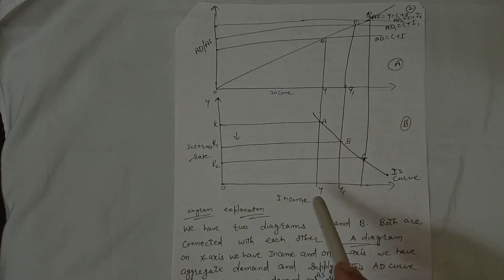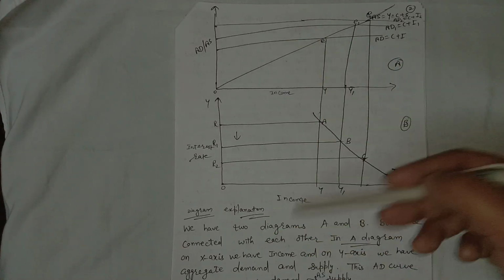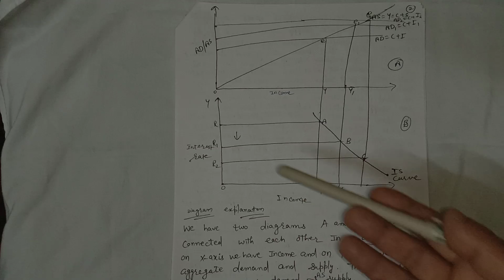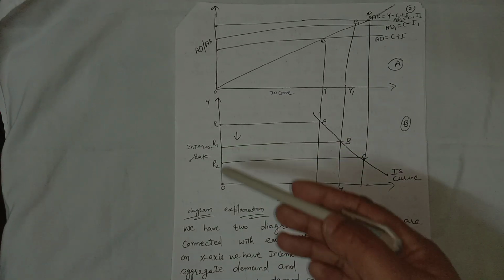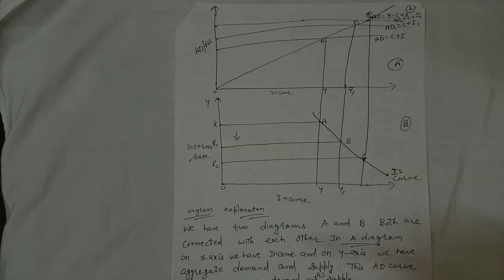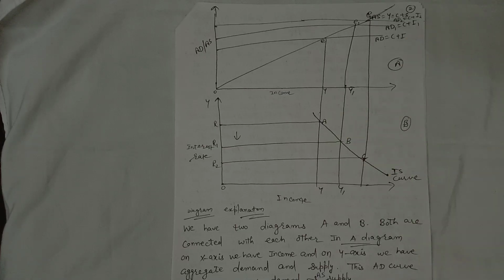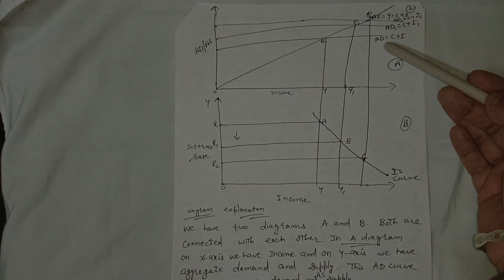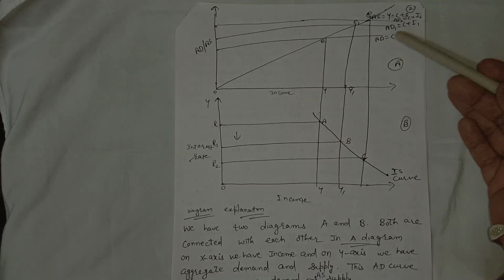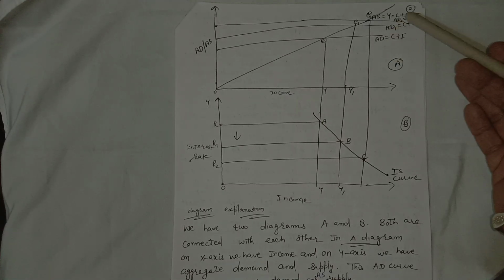So income is OY1. Now suppose again the interest rate falls from OR1 to OR2. Then our investment again increases, which raises aggregate demand. Now the aggregate demand again shifts forward, firstly from AD to AD1, now from AD1 to AD2.